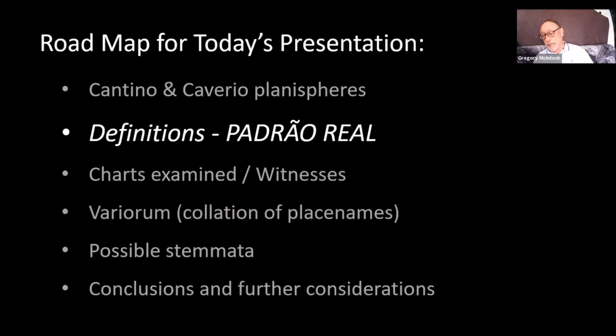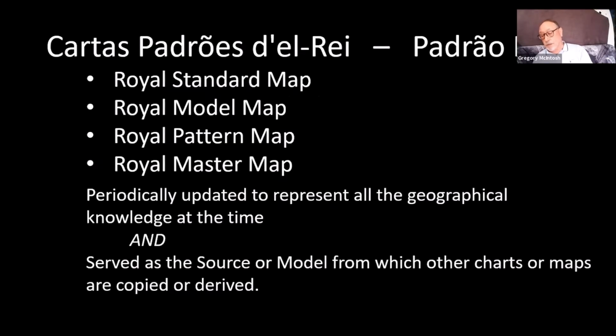Another word to look at is Padrão Real. This is usually translated as the Royal Standard Map, Royal Model Map, Royal Pattern Map, or Royal Master Map, with the connotation of representing all the geographical knowledge at the time and of being the source or model from which other charts or maps are copied or derived.